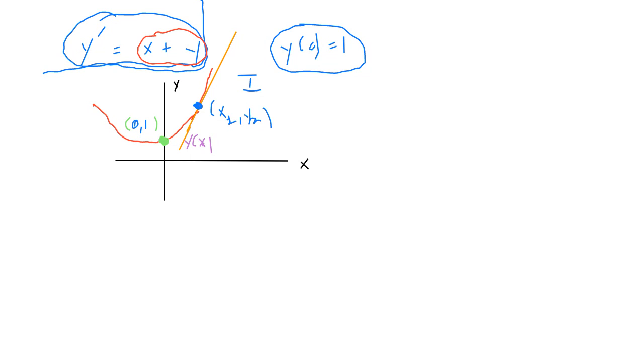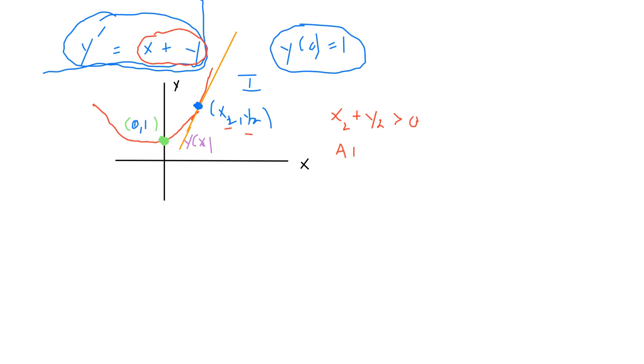Well, x2 plus y2 is greater than 0. And so that means your derivative is greater than 0 at (x2, y2).